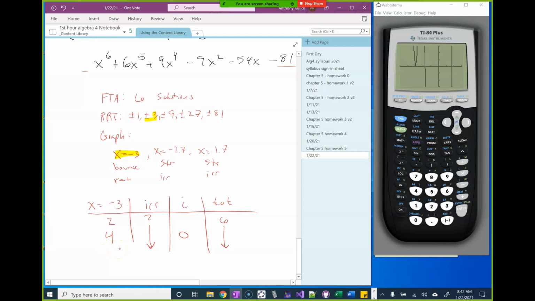So it's still going to add up to 6 total if it's 4 there, right? Well, because we don't know whether we have imaginaries or not, we might, in which case we would only be able to use that solution twice, or we don't, in which case we'd have to use that one 4 times. But we don't know. And there's no way to look at the graph and know.